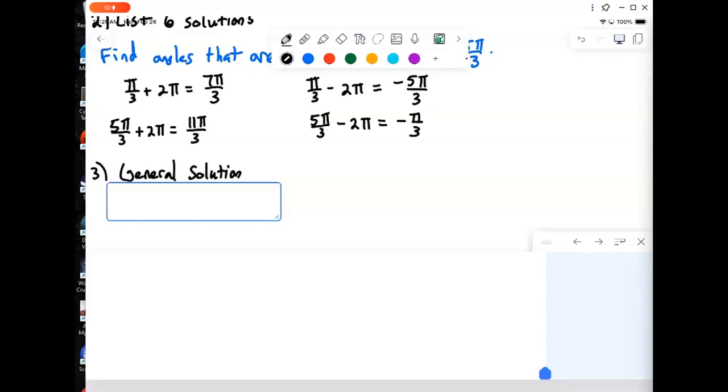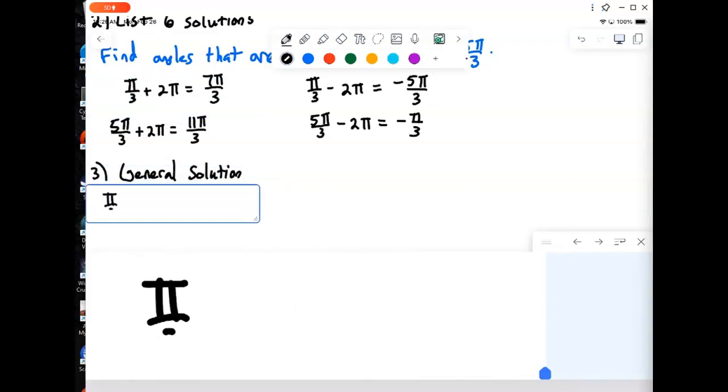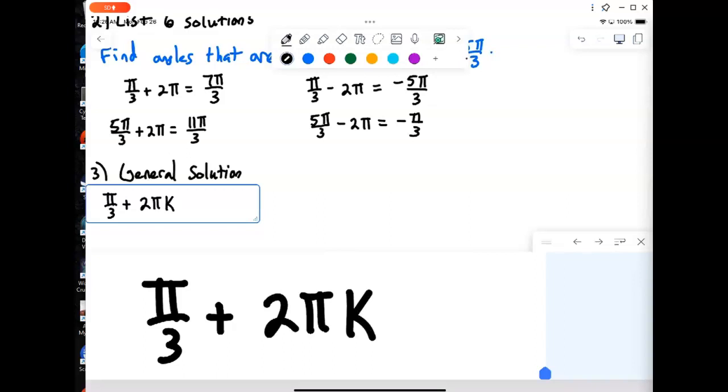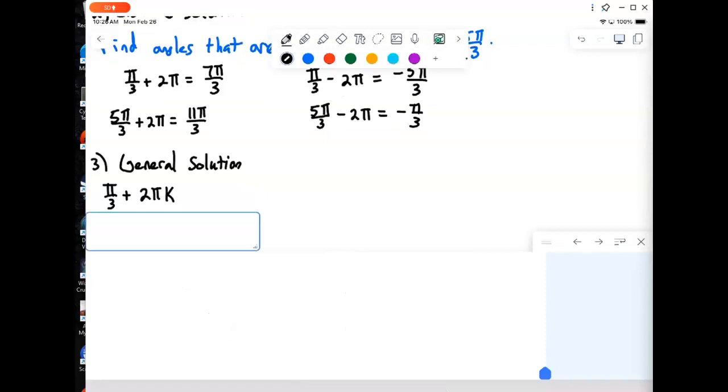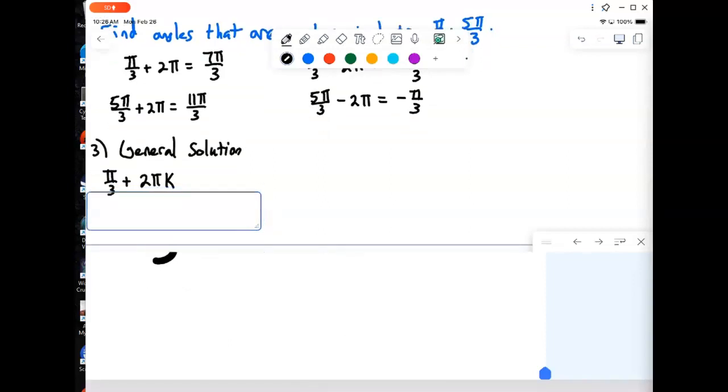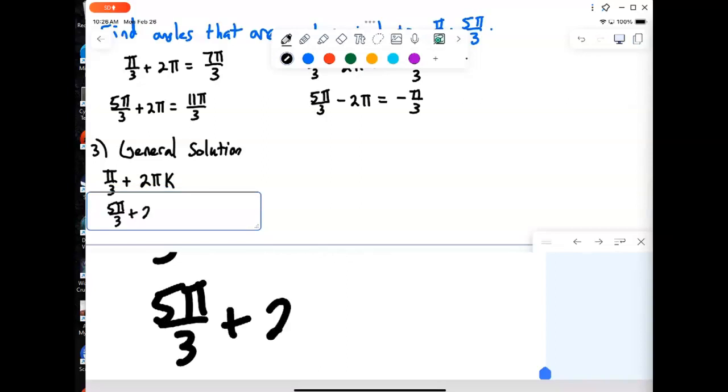We just take our two solutions, pi over 3 and 5 pi over 3, and say it's that answer plus any multiple of 2 pi, and the other one will be 5 pi over 3 plus any multiple of 2 pi.